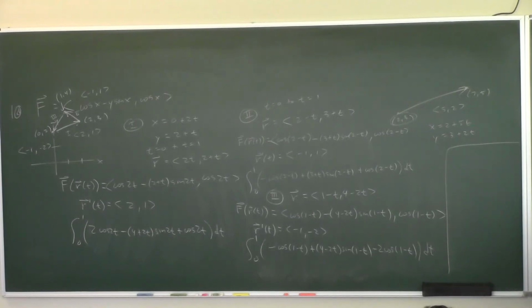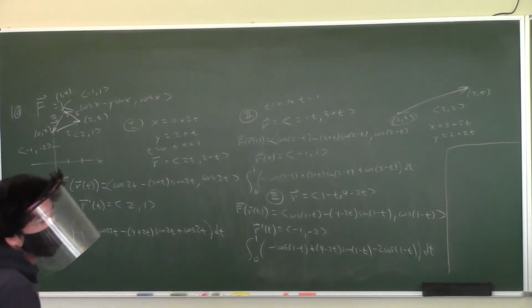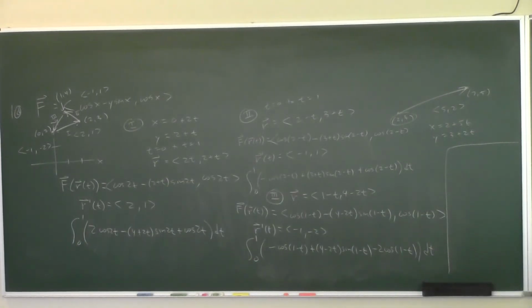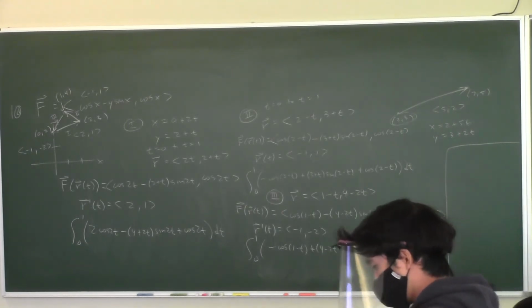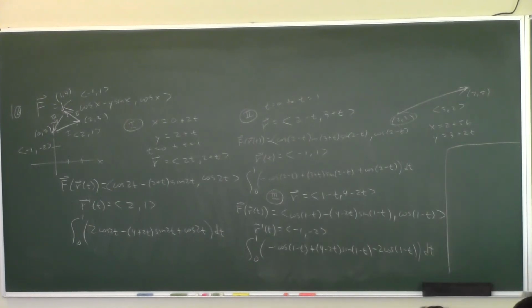Okay, antiderivative. Oh my god, this is not that easy. Wait a minute. Cosine 1 minus t.